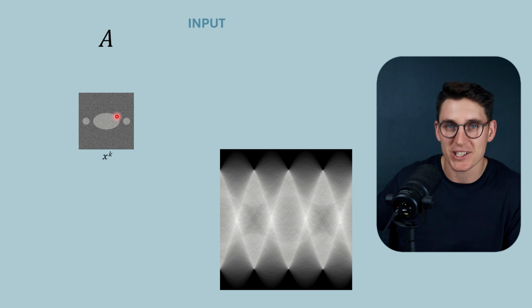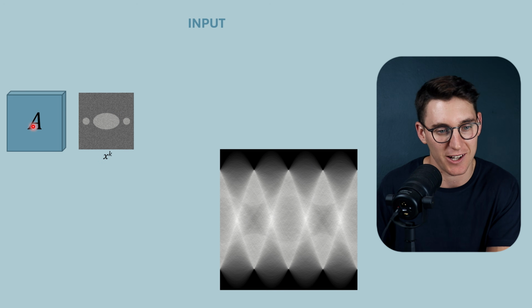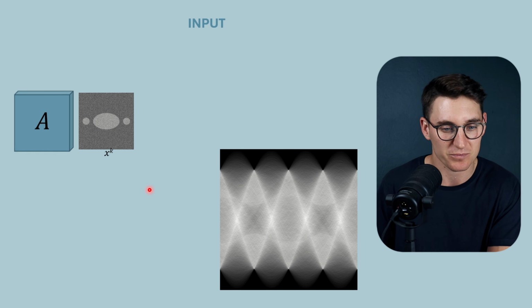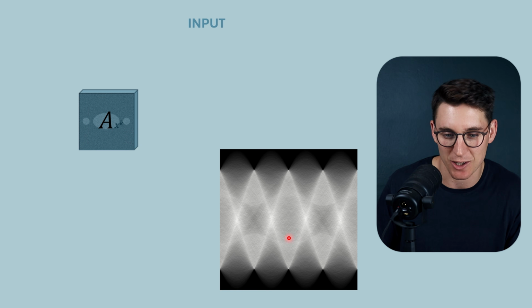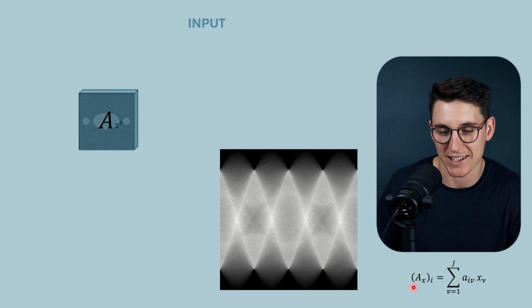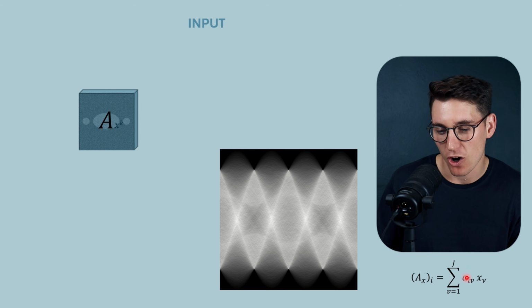Now, we're not actually rotating a matrix around this. What we're actually doing is taking an array, our system matrix, and multiplying it by this vector image that we've created here. And we're getting what's known as our predicted data set. Here's our predicted data set, and we write that as A of x at the ith detector, this predicted data set over all of the detectors here. And that's basically a sum of our matrix applied to our vector.